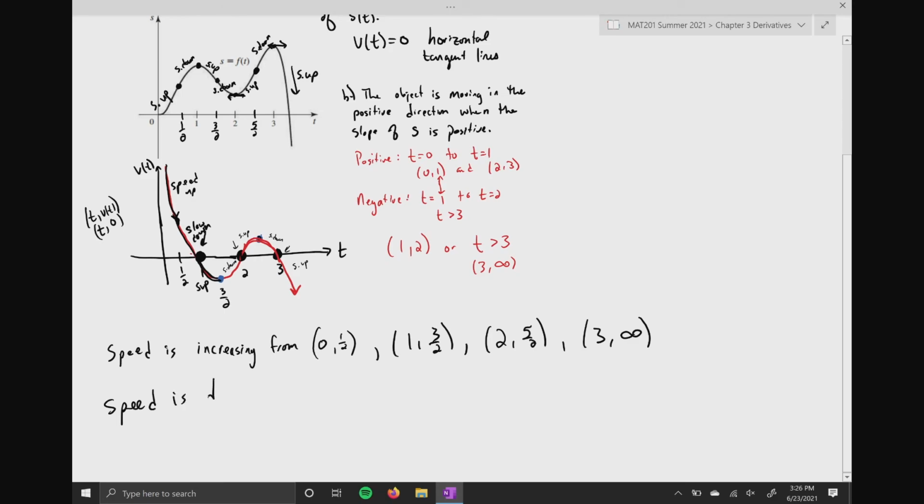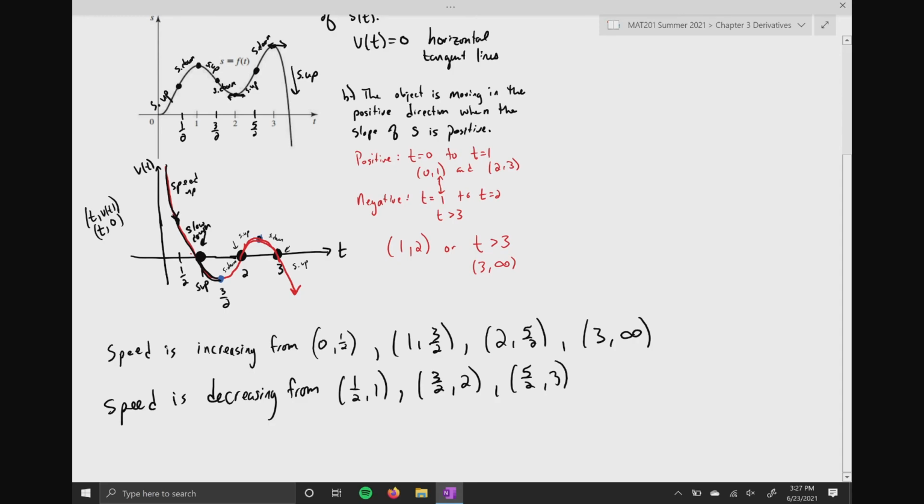Speed is decreasing from, now I'm just reading my graph here, so speed is decreasing from 1/2 to 1, from 3/2 to 2, and then 5/2 to 3.